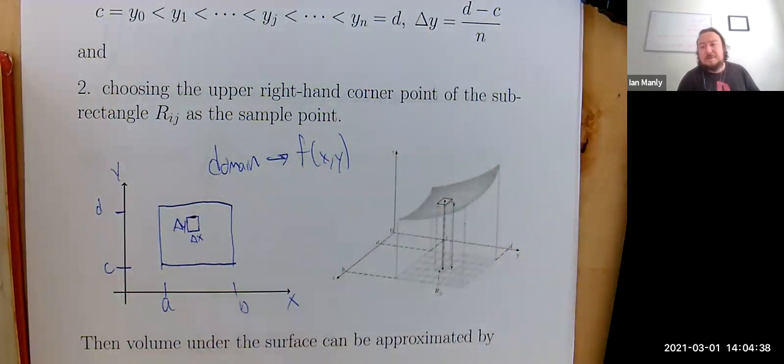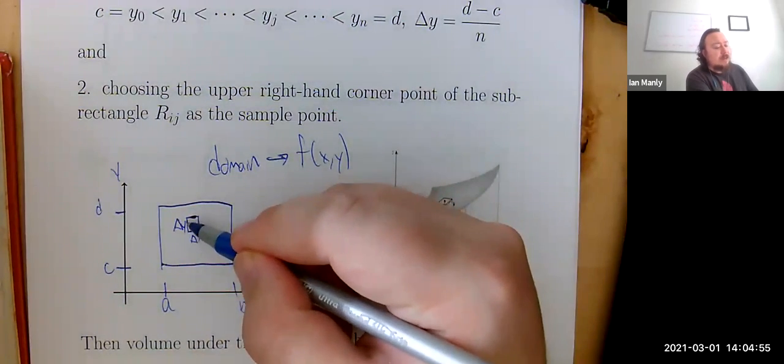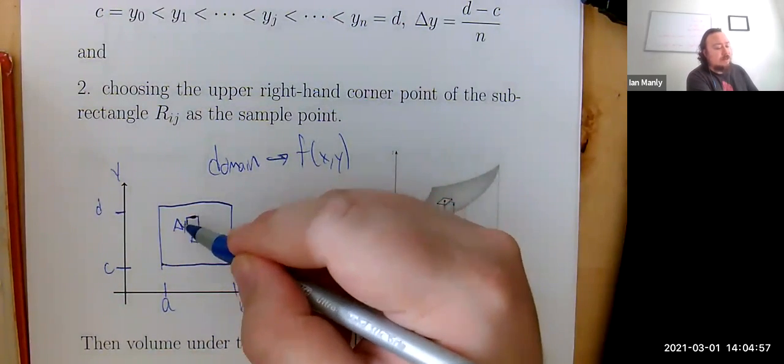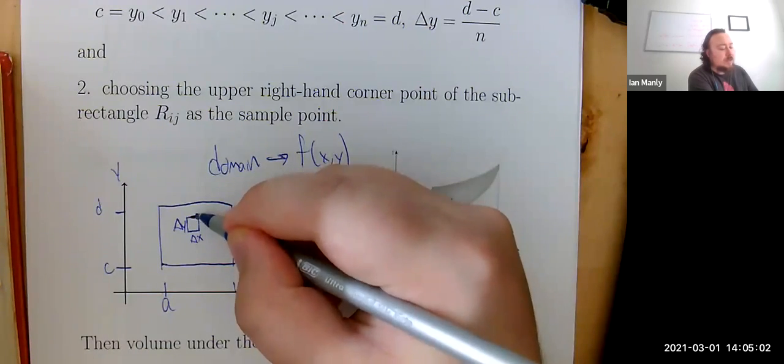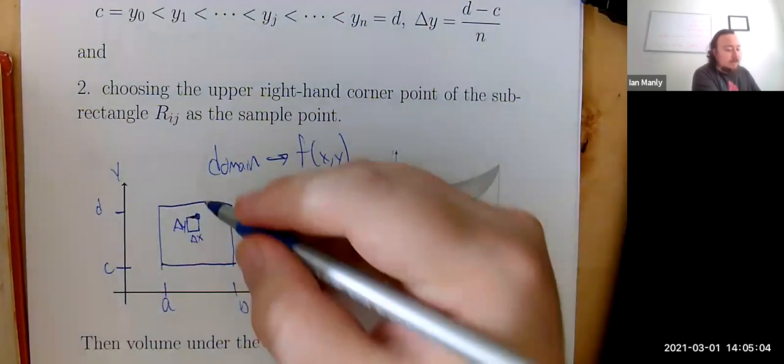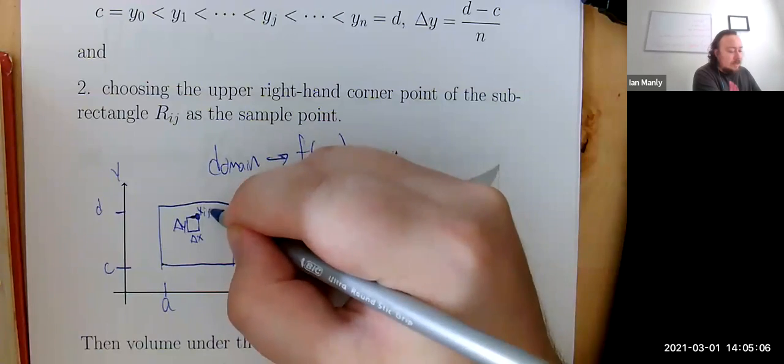You probably remember in Calc 1, we had left-hand Riemann sums and right-hand Riemann sums where we chose either the left side or the right side to evaluate our function, but they all ended up being the same once we took the limit. The same thing is going to go here. Once we define our little rectangle that we're going to find the volume over, we can pick any point in this rectangle, like maybe I'll just pick the upper right one, and we're going to evaluate our function there.